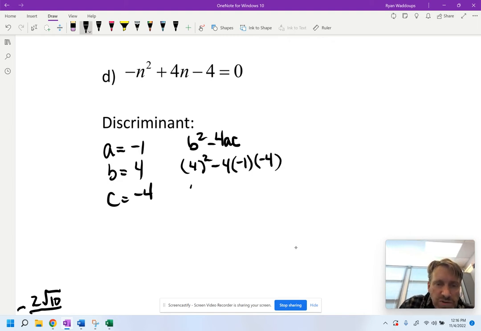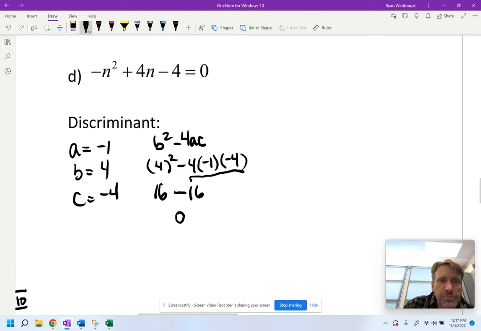And so I've got 4 squared, which is 16, and then I have a negative times a negative times a negative. There's 3 negatives, so that result of that multiplication here, this one, is going to be negative. And 4 times 1 is 4, and 4 times 4 is 16. So it's going to be minus 16. And 16 minus 16 is 0.